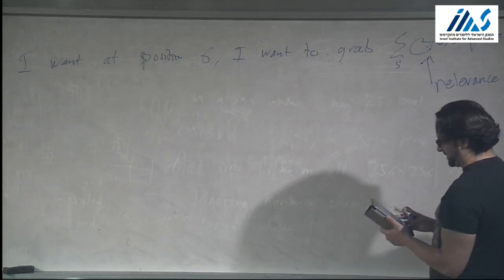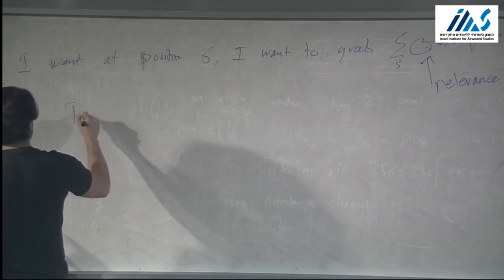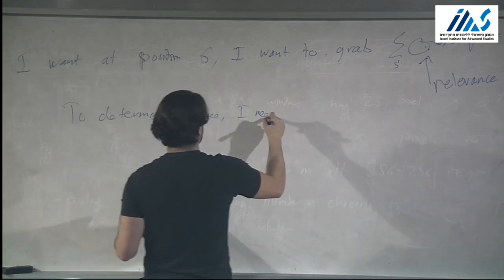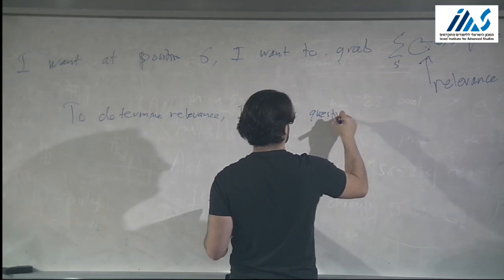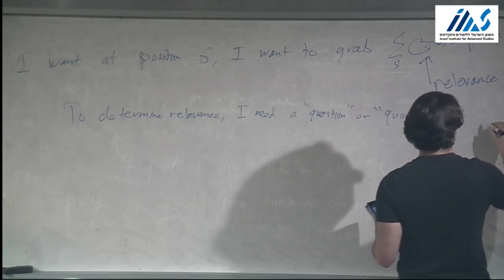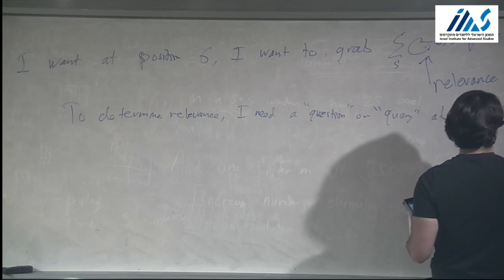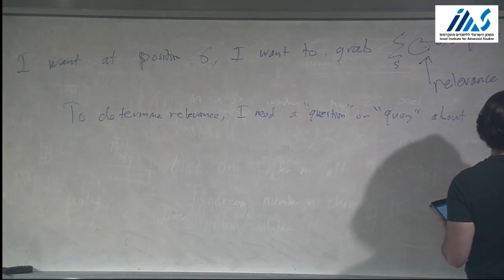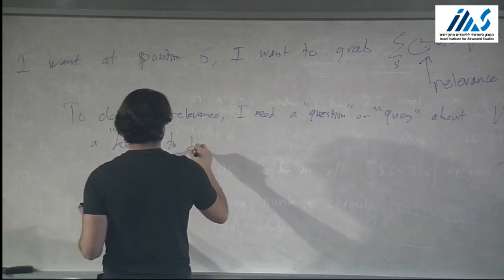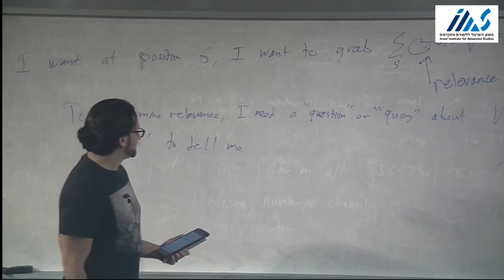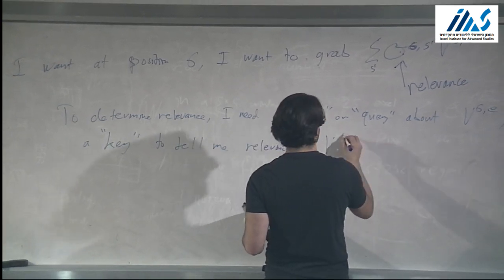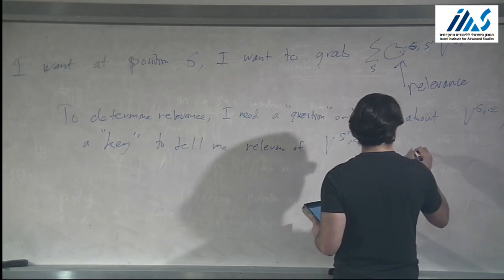Well, in order to figure out what's relevant, to determine relevance, I need a question or query about V6E, and a key to tell me the relevance of the S prime to the question.